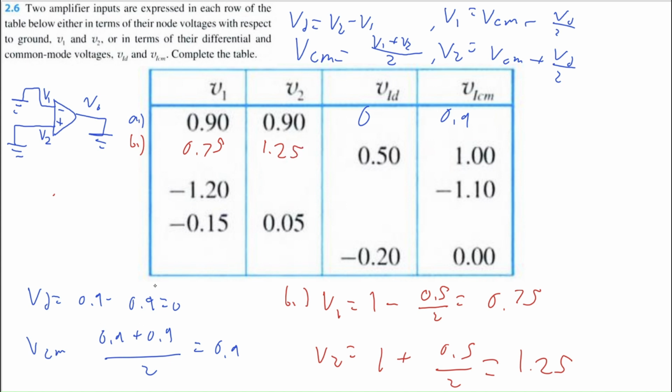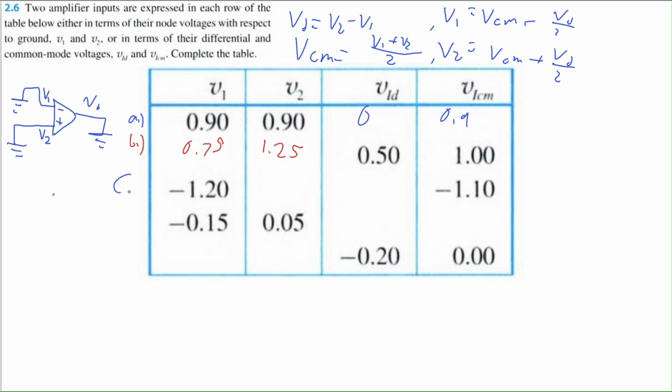All right, let me erase this and we'll continue solving. Okay, let's solve for row C. Here we have V1 and VCM. I have this equation here for VCM equals V1 plus V2 over 2, so I can just do some algebra to isolate V2.